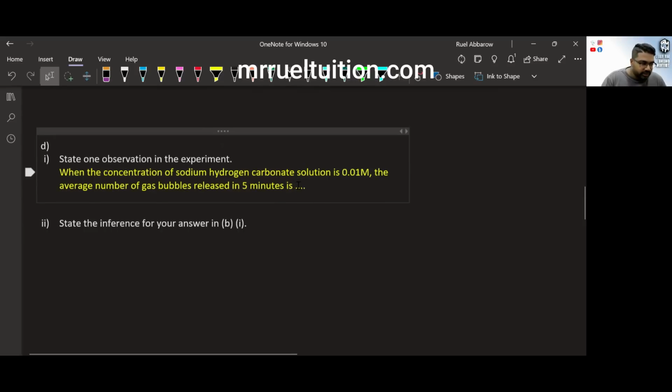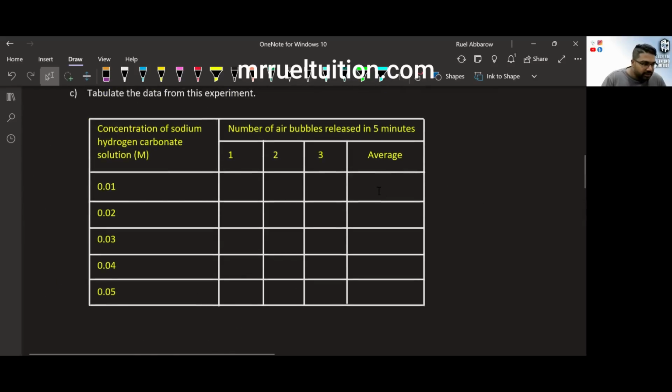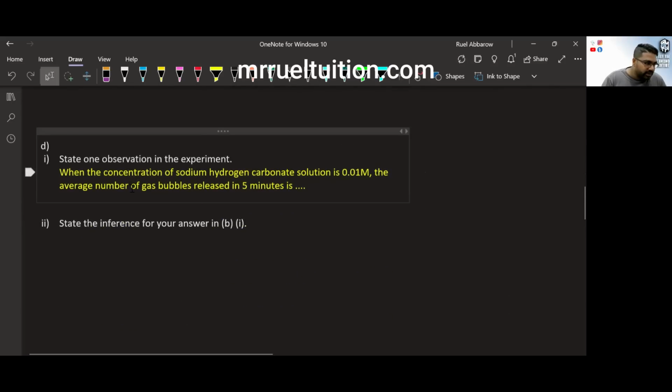This one depends on your own experiment. Whatever average value that you got, use the average value. So the average number of gas bubbles released in 5 minutes is whatever value you get from your experiment.